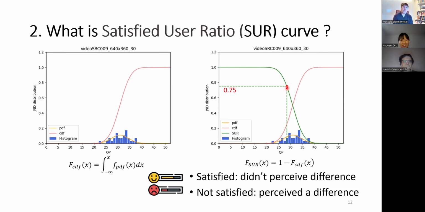This work is not here. It's another work we submitted. It hasn't been published, but we have this analysis of the trade-off between bitrate and SUR threshold. Maybe in the next VQEG meeting, we can present it. I'll make sure that I ask the same question then. Okay, good work. Thank you.